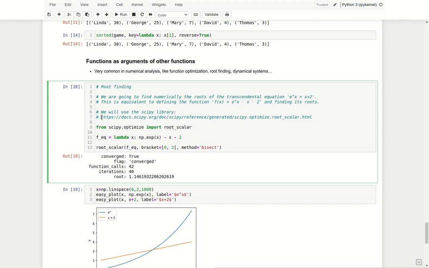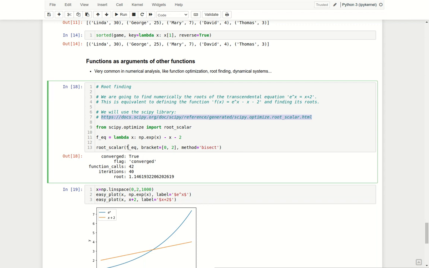I'm using just the definition of this link. If you look at this link, you're going to see that this function has many optional arguments, and we are going to use very few of them, to make it simple.